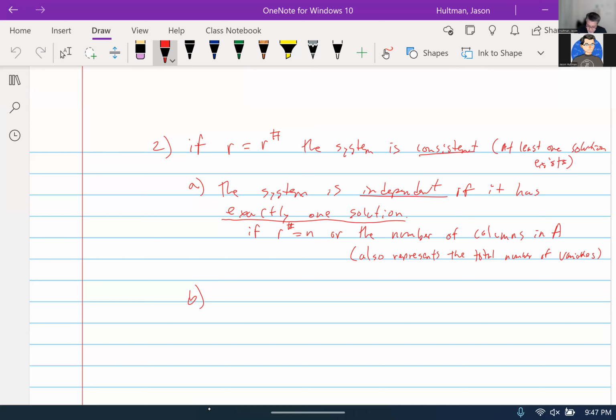Okay, so part B, the system is dependent.